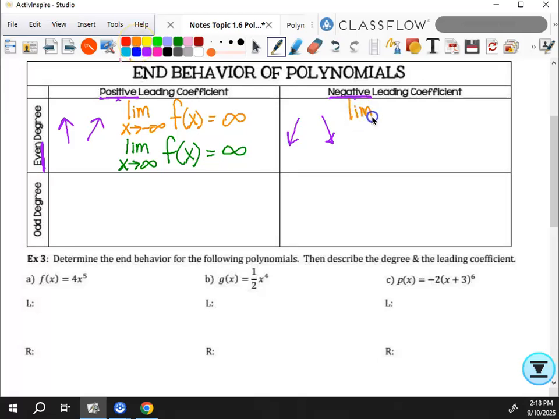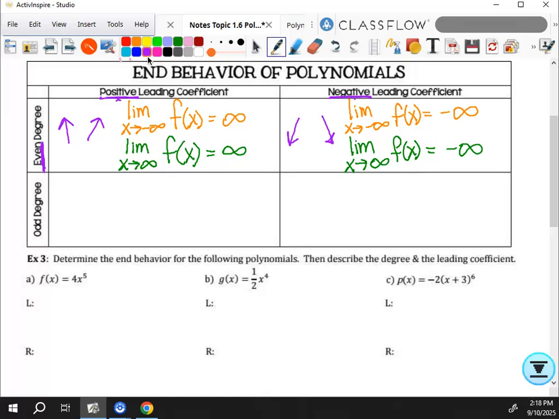The limit as x approaches negative infinity of f of x, what's that going to equal? Negative infinity. And then the limit as x approaches infinity of f of x, that's equal to what? Negative infinity. Okay. Any questions at all?